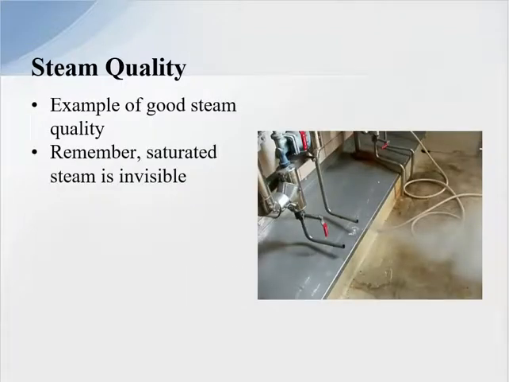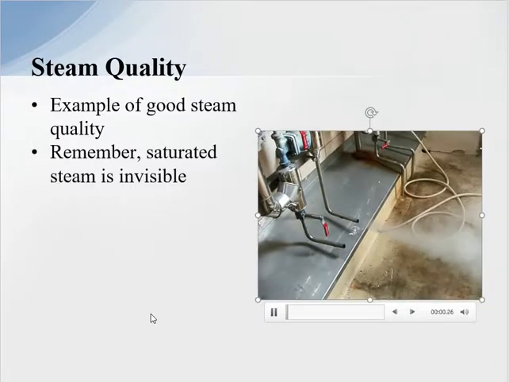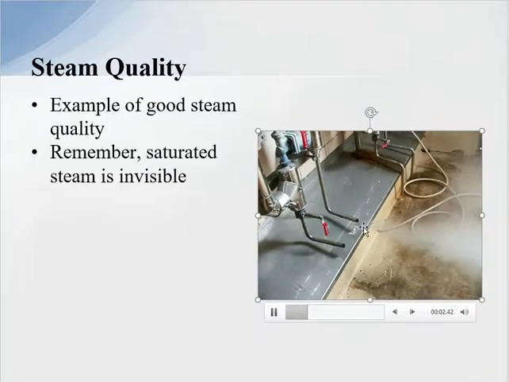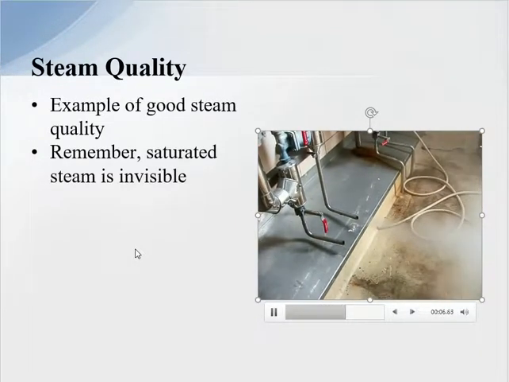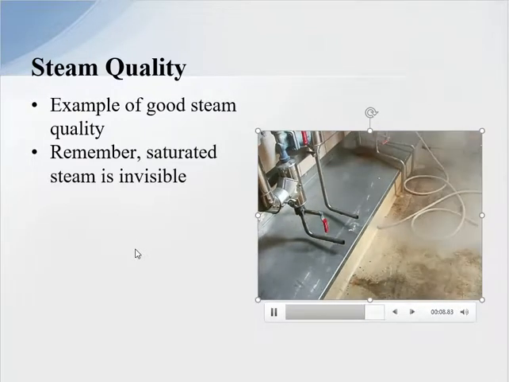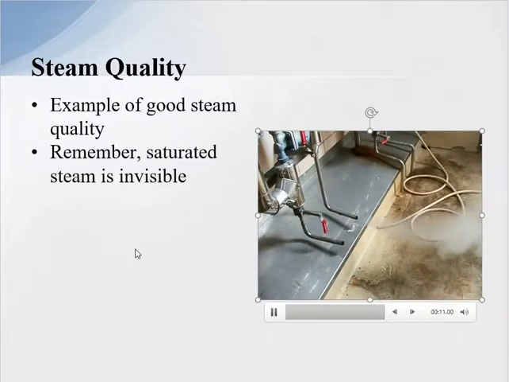Here's an example of how we can check steam quality. Just take a valve on the steam line and open it to atmosphere. Remember, saturated steam is a dry and invisible gas you cannot see. So you're looking at the discharge right here. It's nearly invisible, which tells me that we have pretty good steam quality in the system.